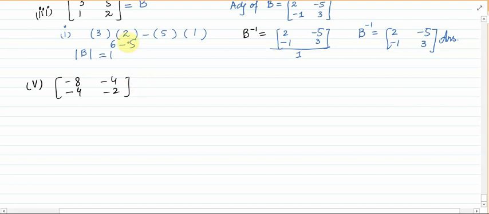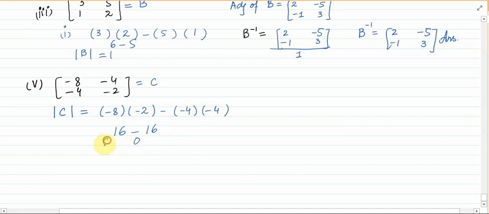Let's label the matrix C. To find the magnitude of C, the determinant of C, it will be ad minus bc. A is -8, D is -2, B is -4 and C is -4. So -8 times -2 will be +16, minus -4 times -4, which is 16. 16 minus 16 is 0.